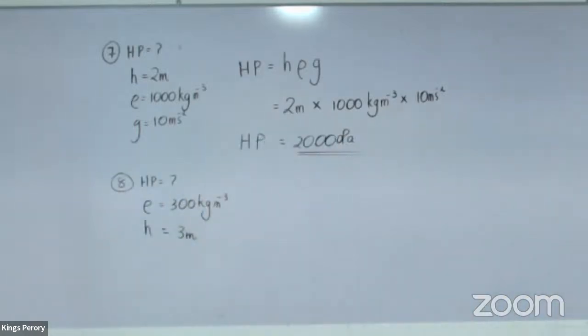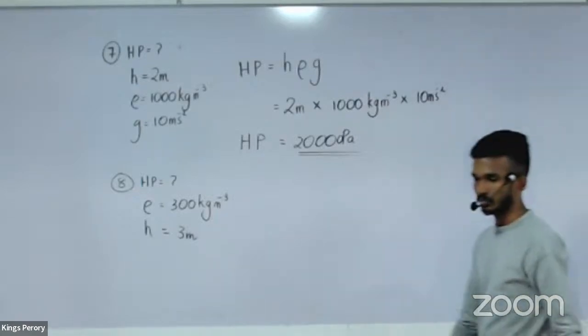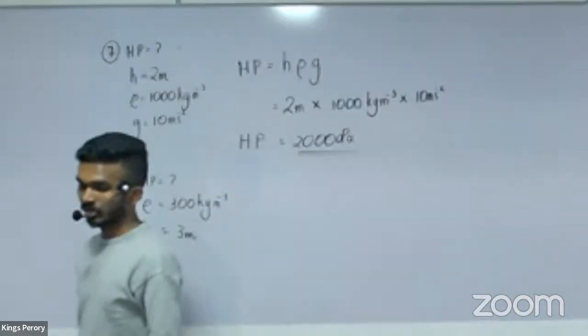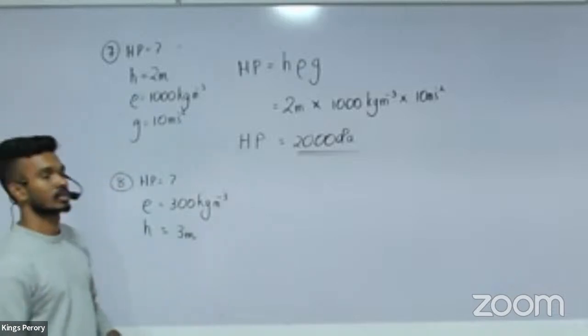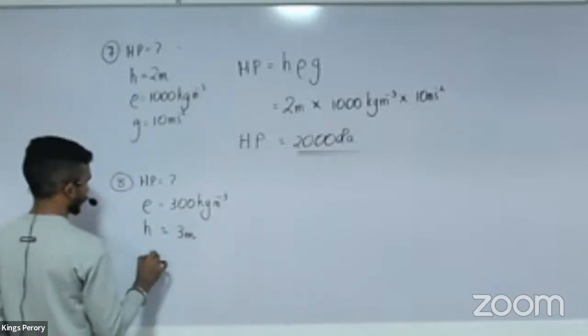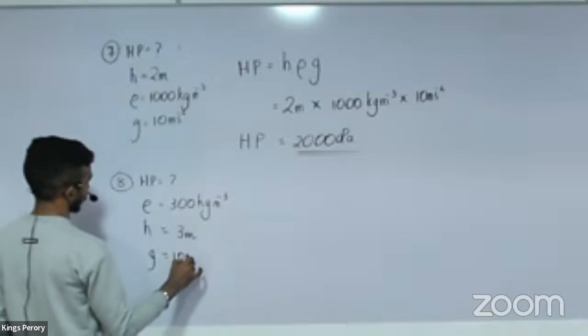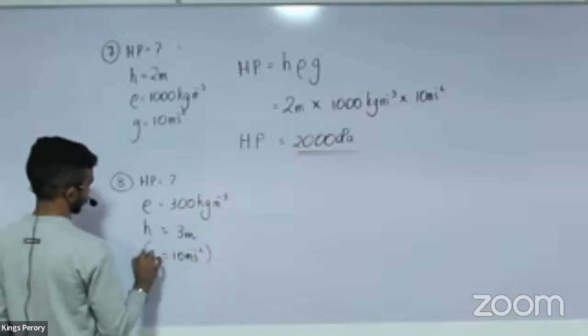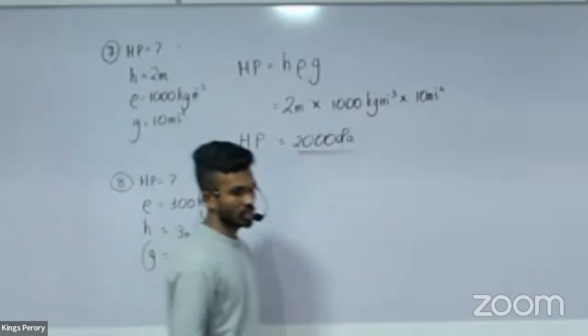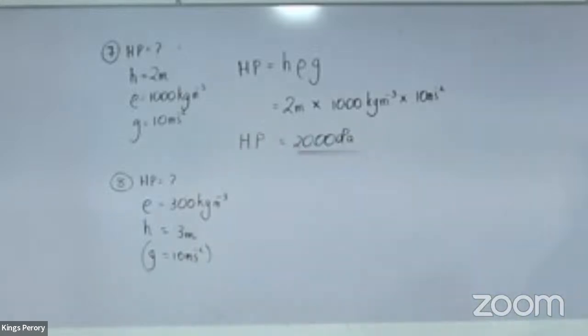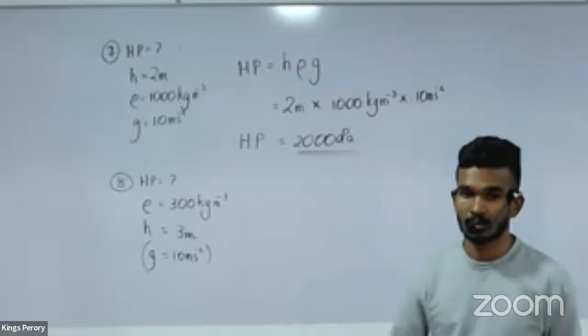In brackets, write G equals 10 ms to the power minus 2. Your turn, work.